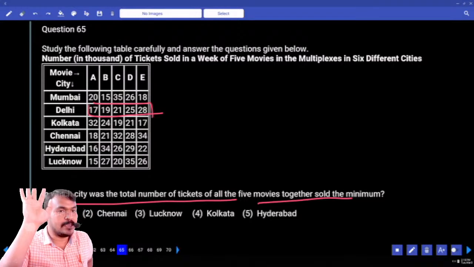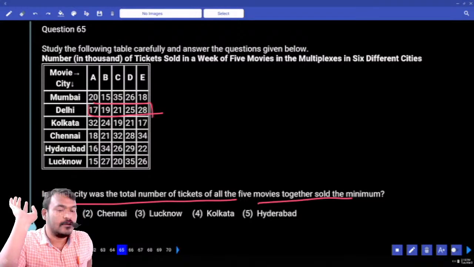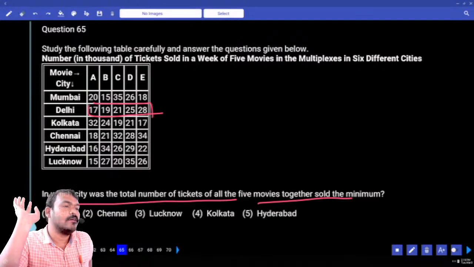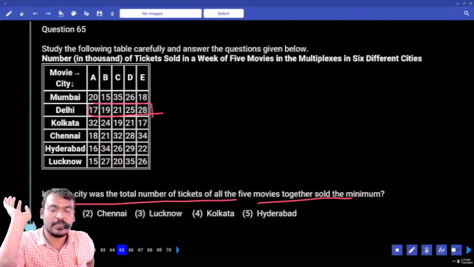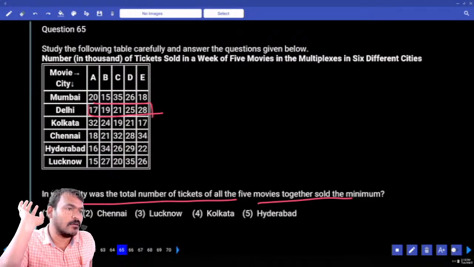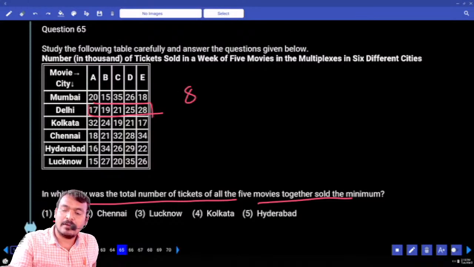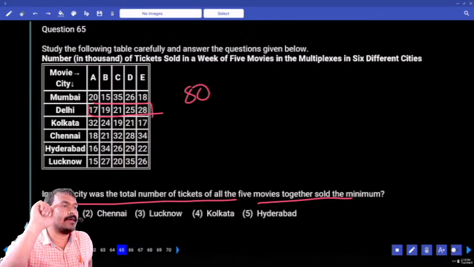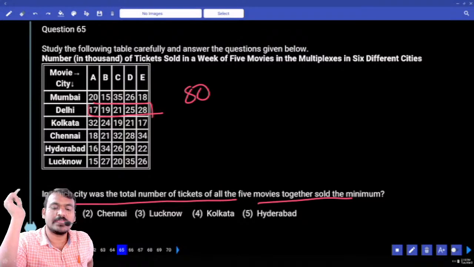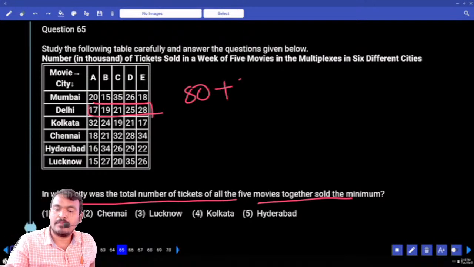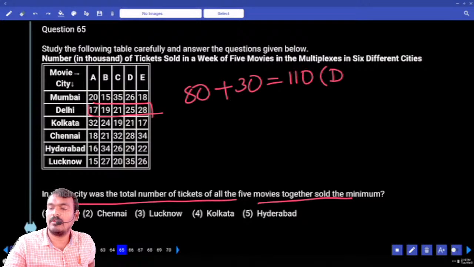First we add the tens positions: 10 plus 10, 20 plus 20, 40 plus 20, 60 plus 20, 80. Next the units positions: 7 plus 9, 16 plus 1, 17 plus 5, 22 plus 8, 30 plus 30.